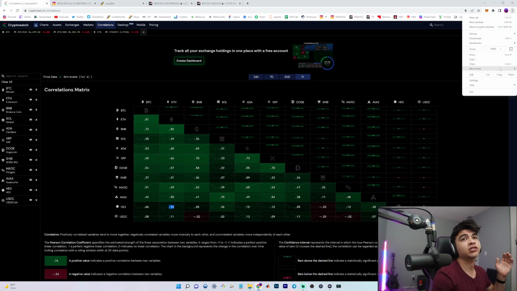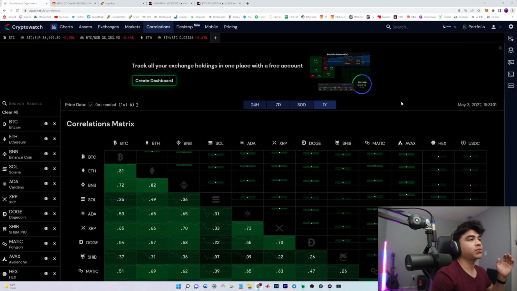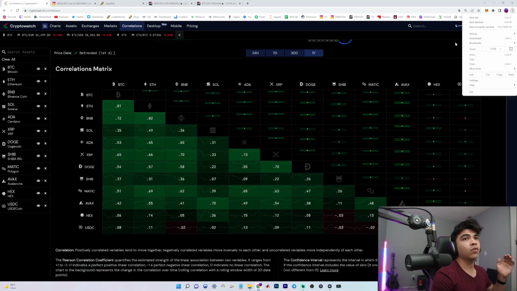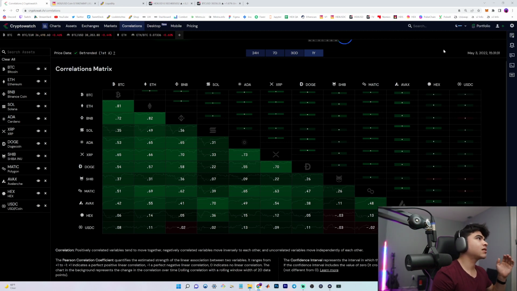I forgot I was going to touch on this, which is simply a correlations matrix of price action. Now, what in the world does this mean? You can find it on Crypto Watch, which is spelled really weird, cryptowat.ch/correlations. But you can see that HEX is not very correlated at all with any of the major cryptos, right?